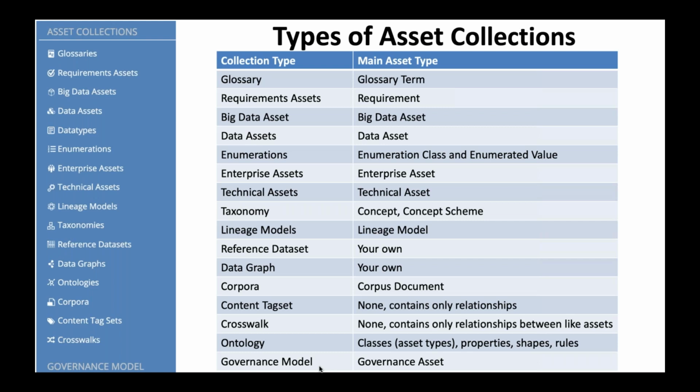In the case of the governance model, there's a single one, and it contains governance assets that determine your governance processes that are instrumented by TopBraid EDG. So it contains your governance roles, your governance policies, issues, and governance areas or subject areas that you use to classify asset collections. Please see a separate video about the operational governance model in TopBraid EDG.